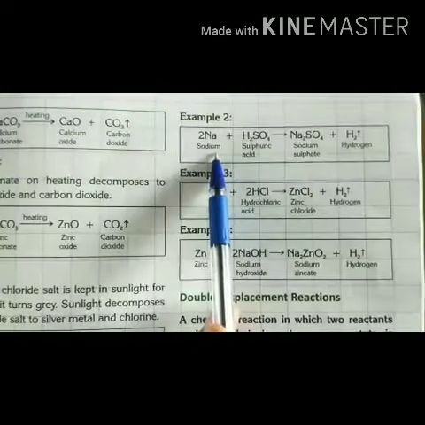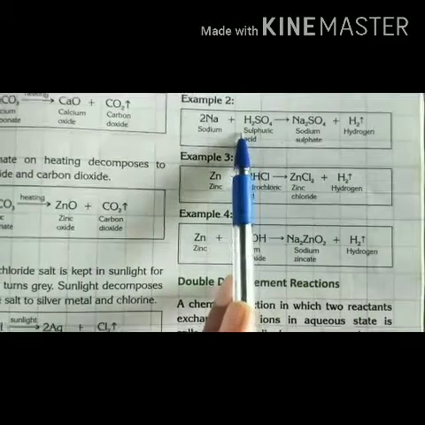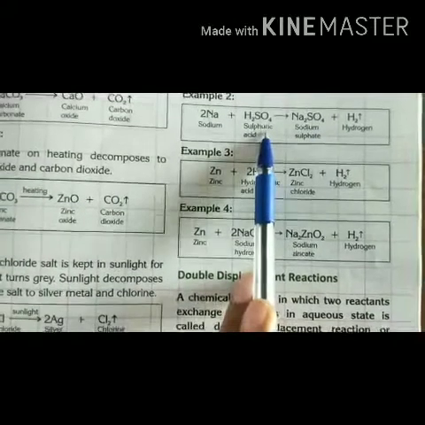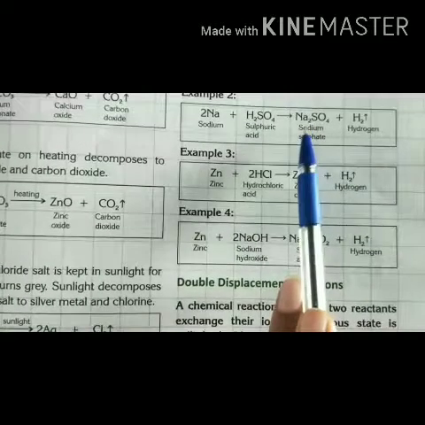One more example we are going to see is sodium plus sulfuric acid. Sulfuric acid formula is H2SO4. After reaction, it forms sodium sulfate. The formula of sodium sulfate is Na2SO4.